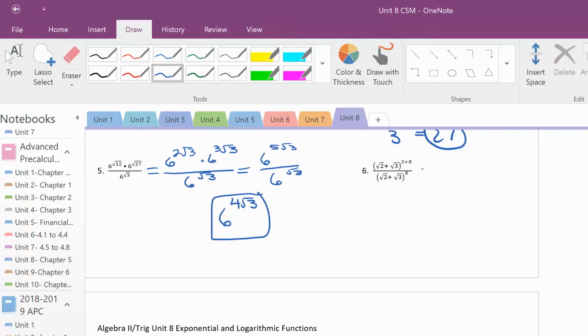All right, and finally here, because they're the same base, we're going to subtract. So it's going to be rad 2 plus rad 3 to the 2 plus pi minus pi. The pi's cancel out, so it's going to be rad 2 plus rad 3 squared, and then you can FOIL that.